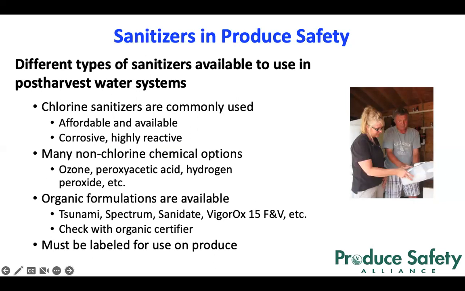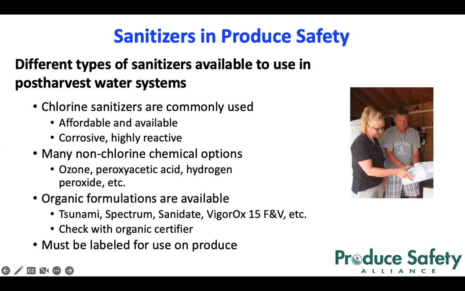For example, when produce is harvested, post-harvest water is used to get rid of dirt or other contaminants. Sanitizers are added to the water, and the purpose is not for washing but to reduce pathogens contaminating other parts of the fresh produce. There are many different types of sanitizers available for post-harvest water systems.